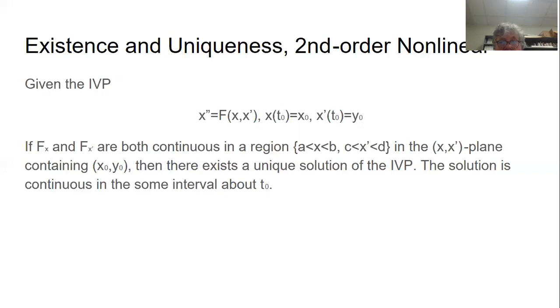However, that solution is only guaranteed to be in some interval, in some neighborhood of t naught. So there exists some epsilon such that the solution exists for t naught minus epsilon to t naught plus epsilon. Since solutions exist, this is basically the whole reason why Euler's method is guaranteed to work.